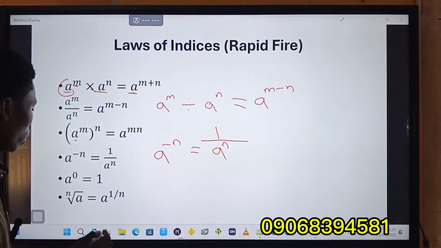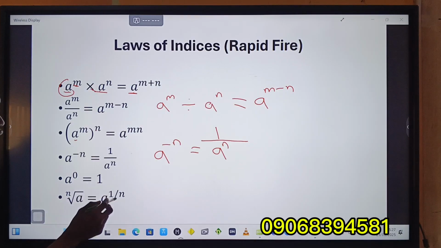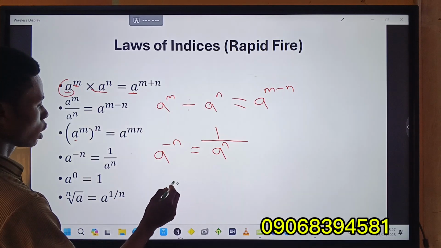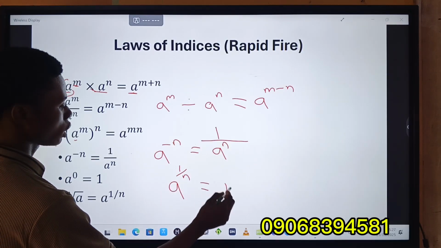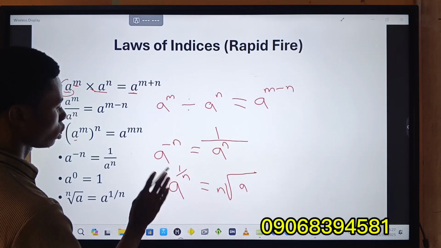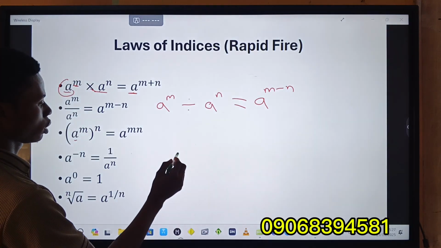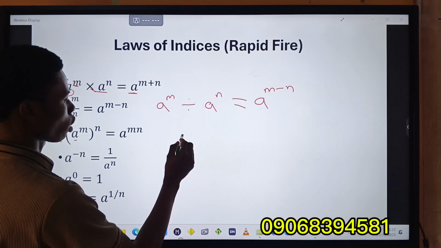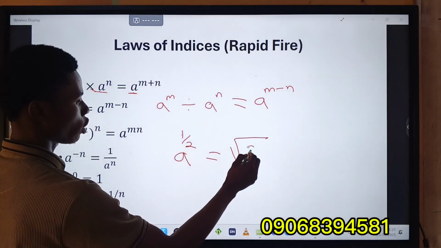Do you understand? Now, next one here, nth root of a is equal to a raised to power 1 over n. What does that mean? If I have something like this, a raised to power 1 over n, this is simply the nth root of a. Let me show you something. If you have something like a raised to power 1 over 2, this is simply square root of a.